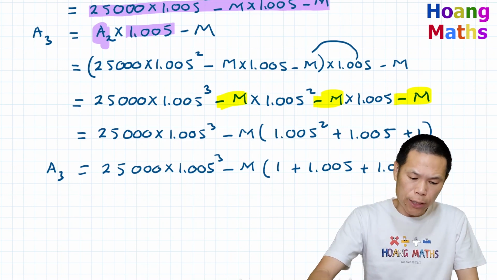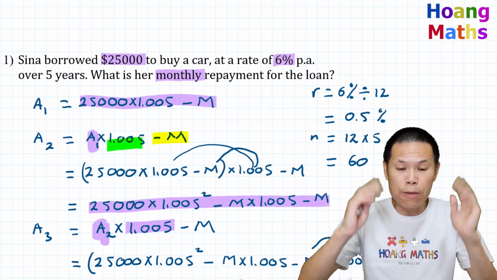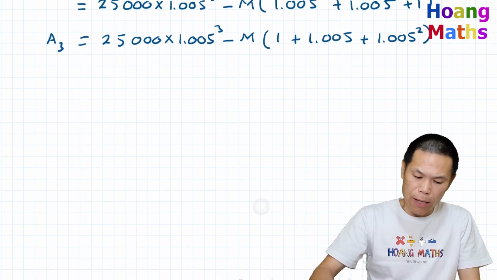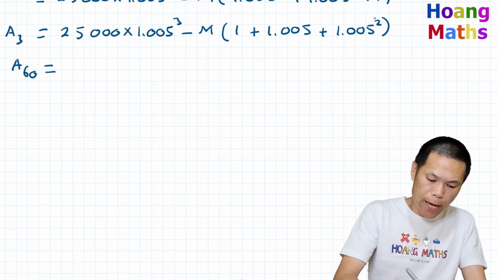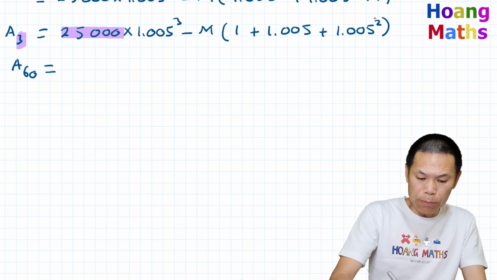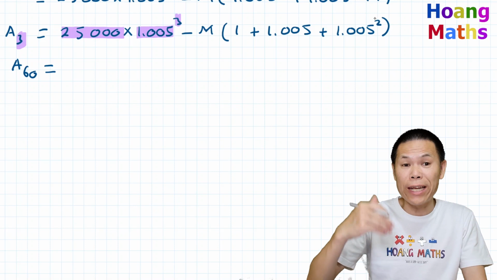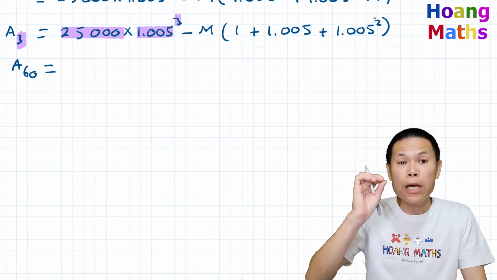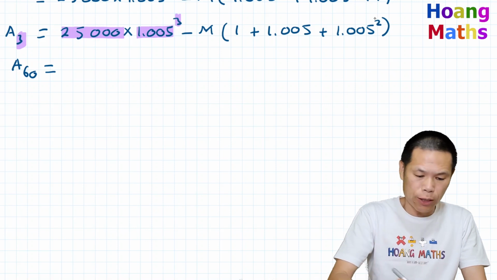What we need to find is the amount at the end of 60 months. Okay, 5 years, so 60 months. So A60 is equal to, you can see here, A3 gives me 25,000 times 1.005 power 3. So therefore, if it's A60, it should be 25,000 times 1.005 power 60.